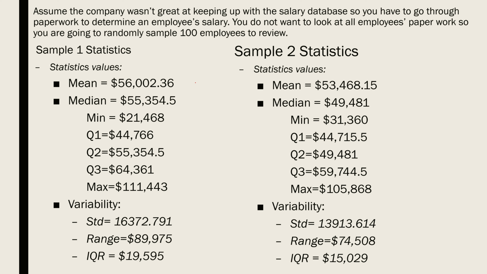As you may have noticed, the sample mean from sample 1 is not equal to the sample mean from sample 2. This is actually what we expect, because we randomly sampled 100 employees to review.